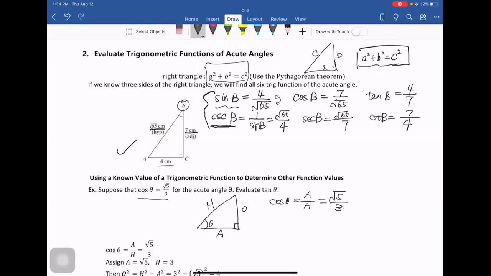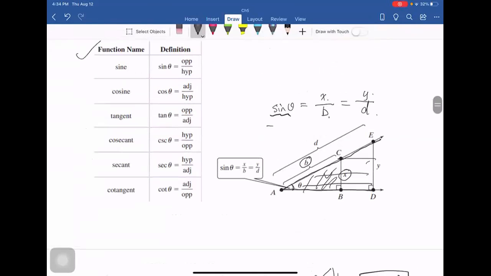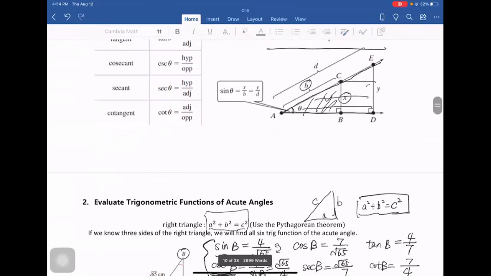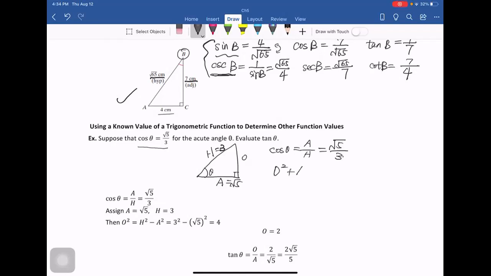We learned before that the ratio is the same, so we can assign that a equals square root of 5 and the hypotenuse equals 3. So by the Pythagorean theorem, that's o squared plus a squared equals h squared.